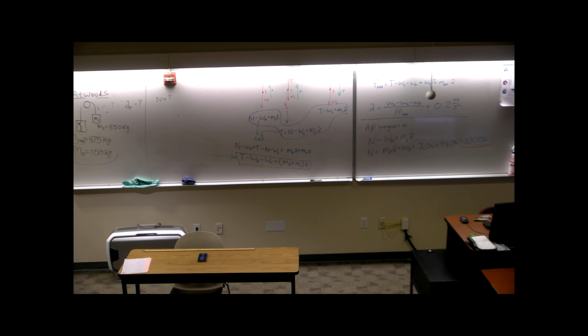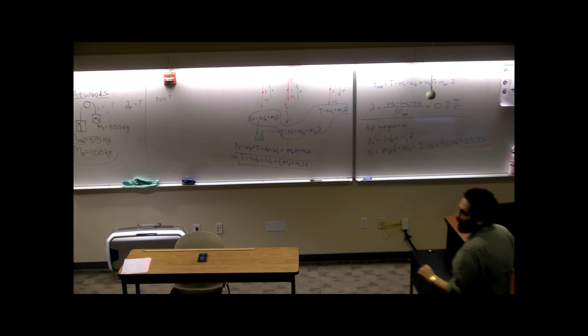Alright, so just real quick running through this, what you should see. If you do your calculations, you'll find that the acceleration of the elevator is negative 0.22-ish meters per second squared. Without rounding, it's 0.217777.